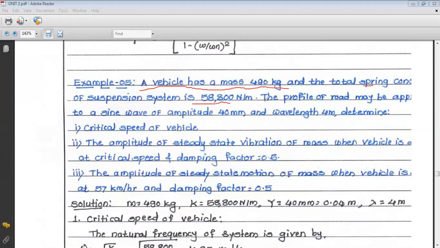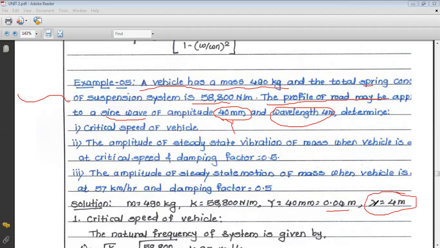Now the profile of the road may be approximately a sine wave of amplitude 40 mm. This is the amplitude of the profile wave, meaning the amplitude of support or base excitation, which is nothing but the value of capital Y. So Y equals 40 mm, which in meters becomes 0.04 meter. Now the wavelength of that sinusoidal waveform on the rough surface is given as 4 meter. Wavelength is denoted by lambda, so it is 4 meter.